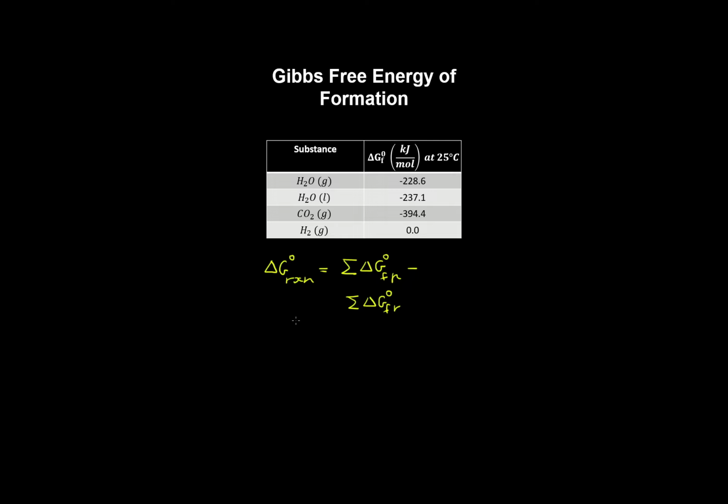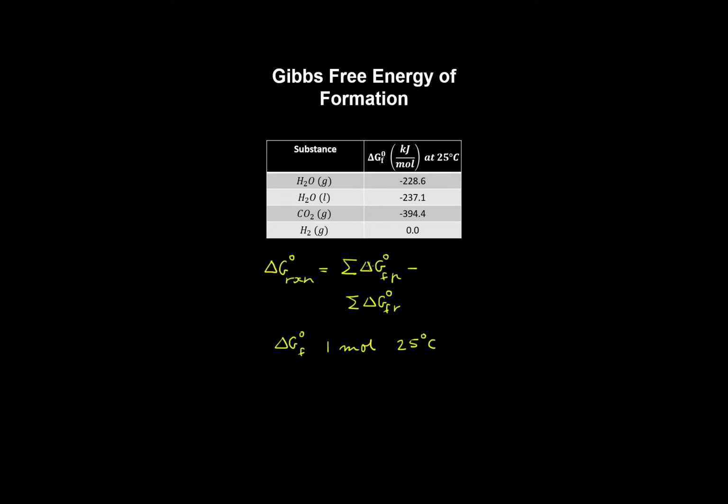And the Gibbs free energy of formation is really the energy change due to the formation of 1 mole of a substance from its constituent elements under standard conditions. And this is typically at a temperature of 25 degrees.